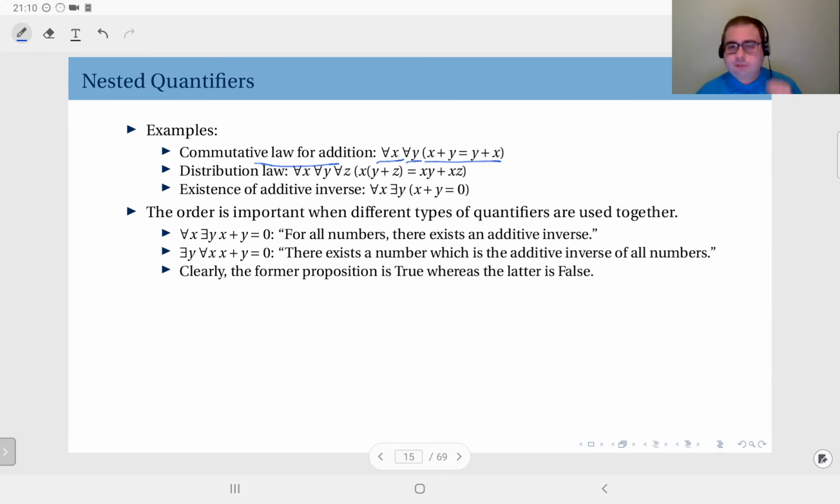Here, since we have two variables, of course, we need to have two quantifiers, and we have to state this rule in the most general sense using universal quantifiers. Sometimes you can see this expressed as for all x, y, x plus y equals y plus x.